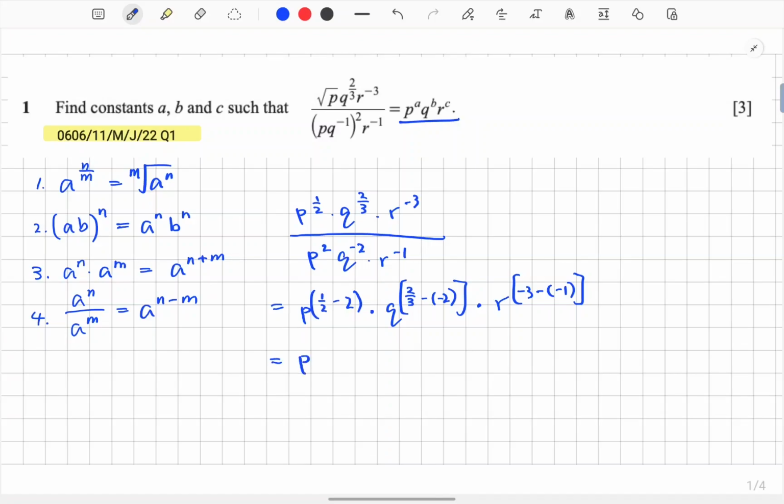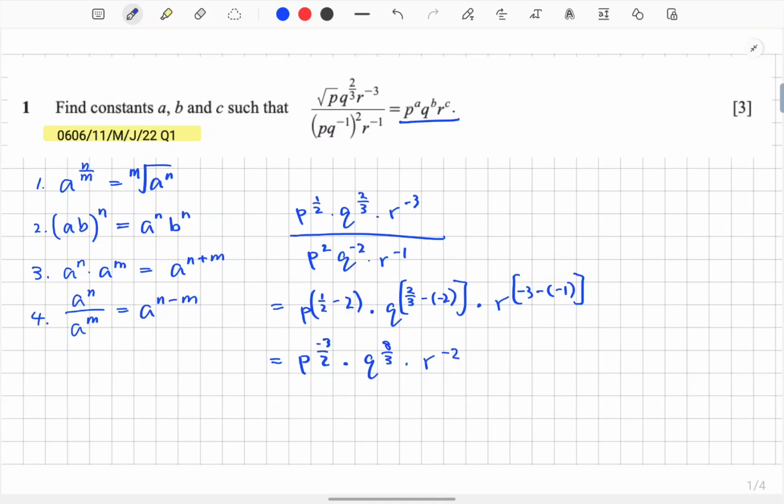And our final answer is 1/2 minus 2, which is -3 over 2, times Q to 2 over 3 minus -2, which will become 8 over 3, then times R to the -3 minus -1, which will become -2.